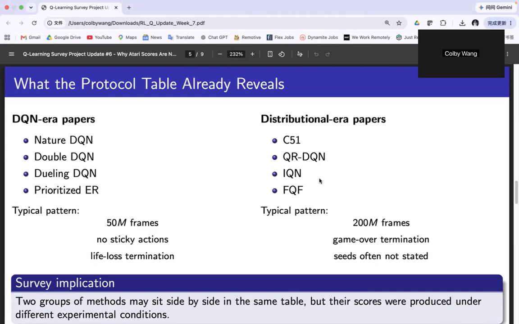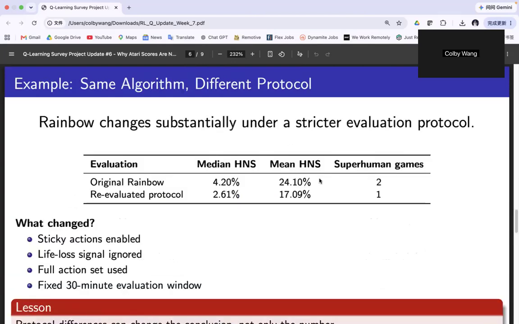This means the Atari table may place these algorithms side by side, but their reported scores were produced under different experimental conditions. So a direct leaderboard interpretation can be misleading. The table is useful, but we need protocol metadata to explain what kinds of comparisons it can and cannot support.